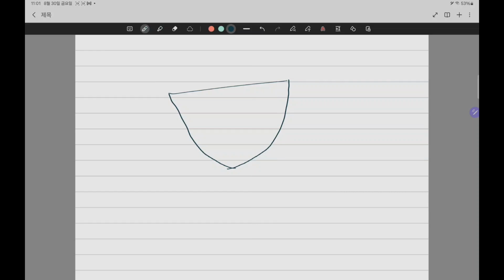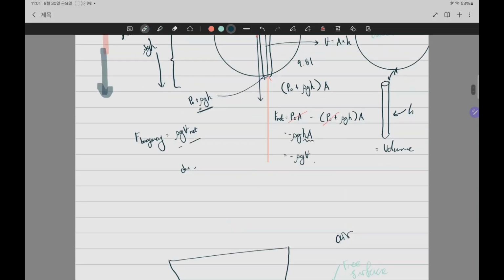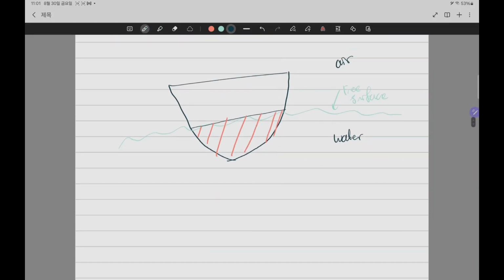So now you have a ship. A ship tends to look like that in the front, not at the back. In the back there's a parallel area, but you will learn about that later, and we will not consider that. By the way, we call this the free surface, a nice terminology to know about when considering these fluids. That's water, that's air, and that little area is the submerged area that gives us the upwards buoyancy.